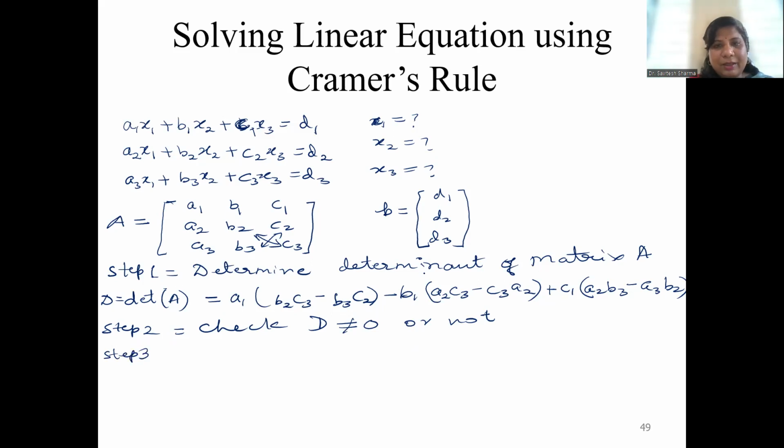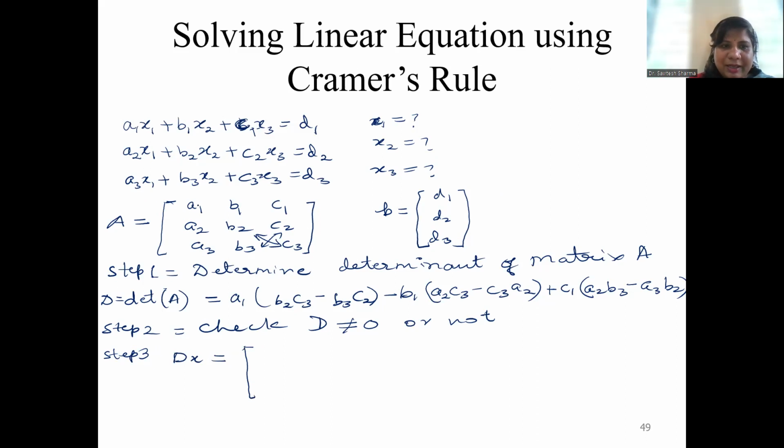In step 3, you will take the source vector column and replace it in this matrix one by one. As here 3 variables are there, x1, x2, x3, you will replace a column 3 times. One by one, I will put this source vector into matrix A and write dx1. Just look here.